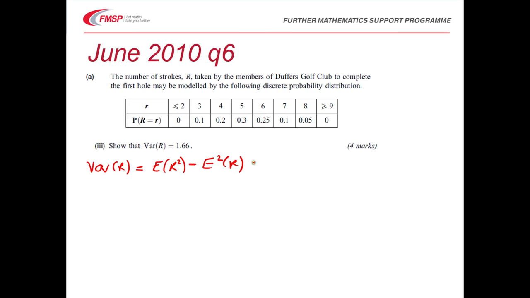So the second half of this we've just worked out. The expectation of R we've already got. Okay, we've just worked that out to be 5.2. So what we need to work out first of all to do this is the expectation of the squares.